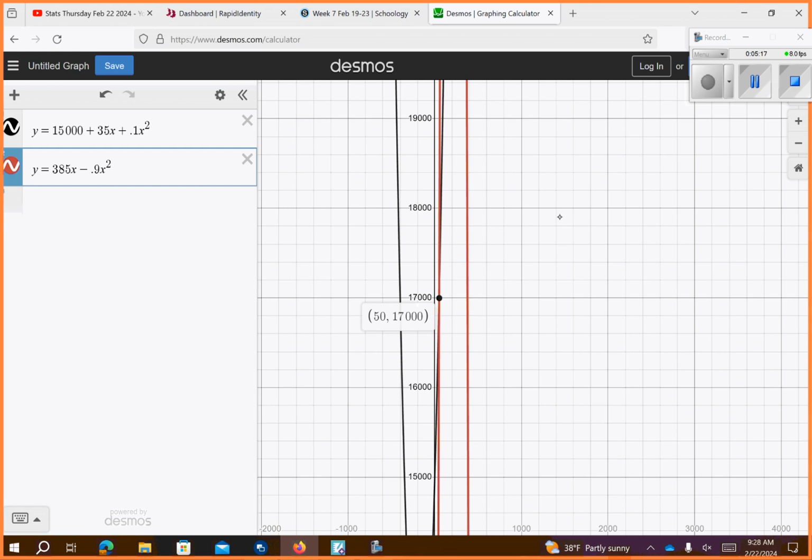No equation. Oh, okay. Huh. I might be on the wrong thing. I think it's just the reduction function, which is like the price per unit. That's my bad. Okay.